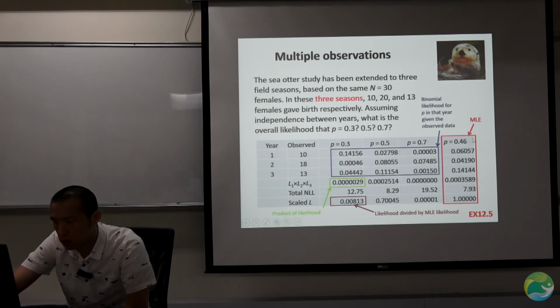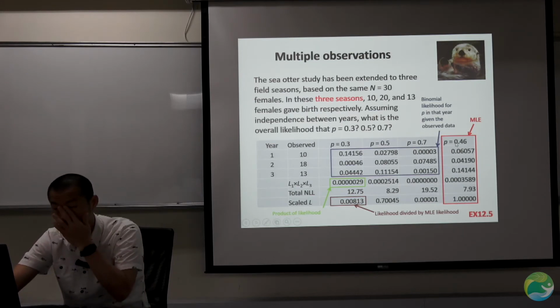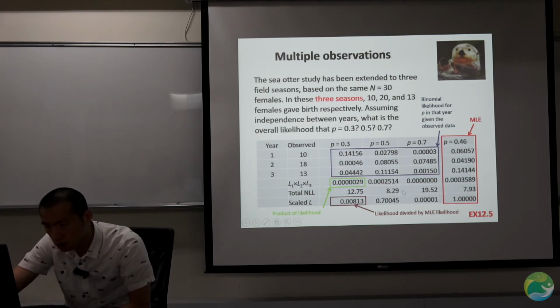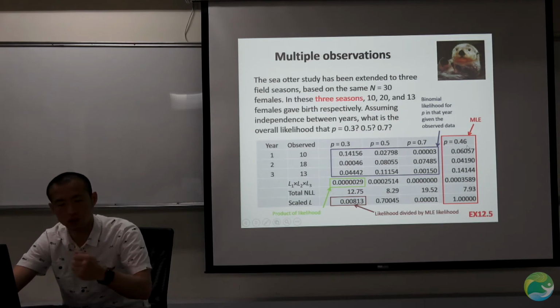Here, this red box is called an MLE estimate. Here are just the 3 different alternative hypotheses, but this is the exact solution for these 3 data points: P is equal to 0.46. As you can see, the total likelihood is very high, bigger than these 3, which means this assumption is more likely.